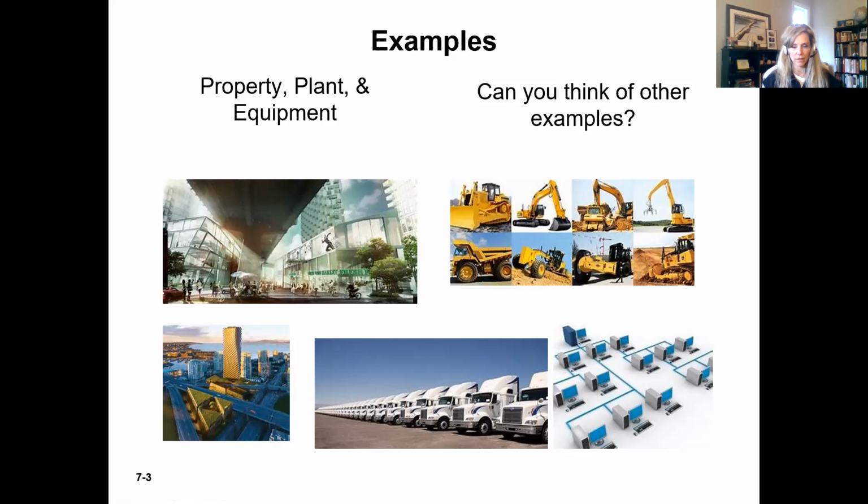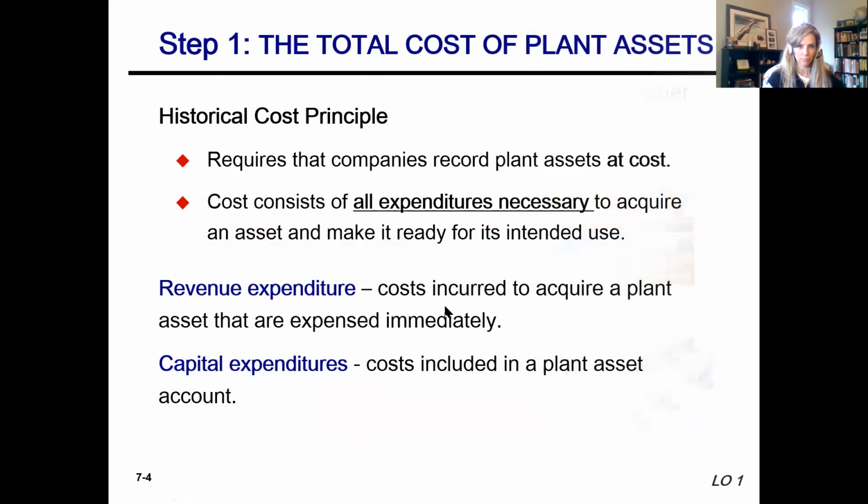But these are just examples of what kinds of assets you might find in financial statements that have more than 1 year's life from the balance sheet date. So, the total cost, the historical cost of these assets. It's not just the price tag of the asset that we have to include in the accounting records. It is historical, yes. We record what we pay for it, but it's not always just what we pay for the asset. Sometimes when we get the asset to our site, we actually have to make some adjustments to it.